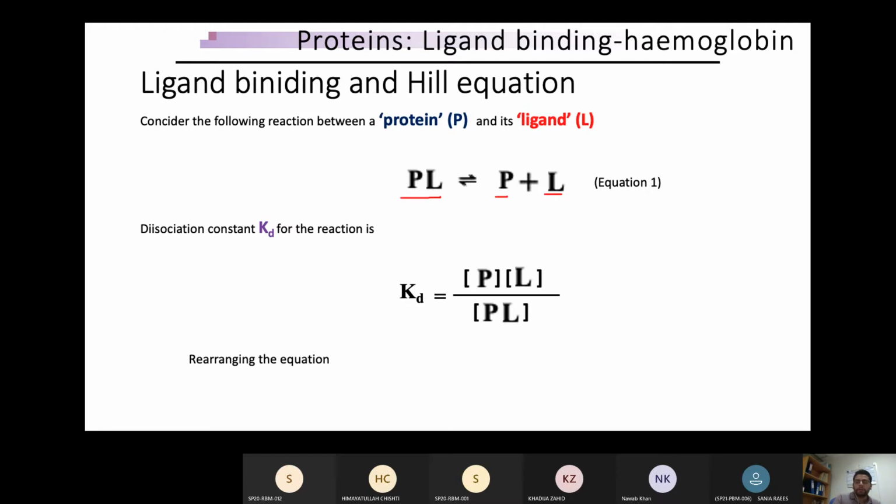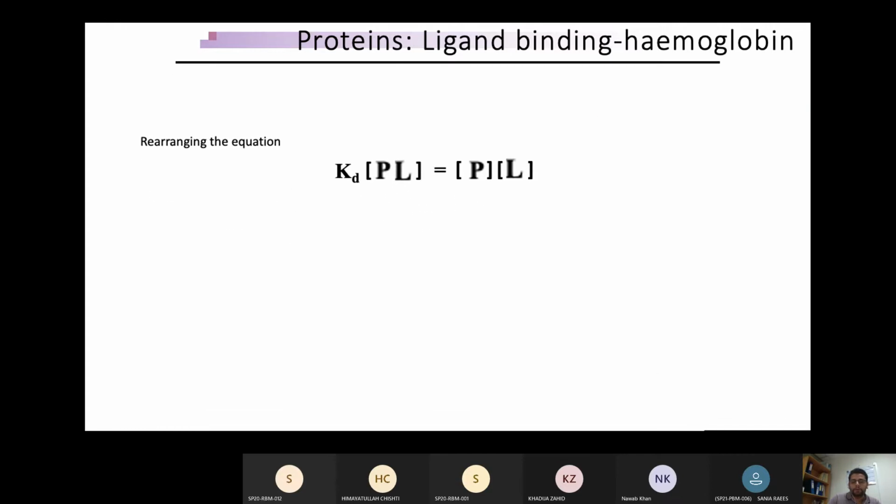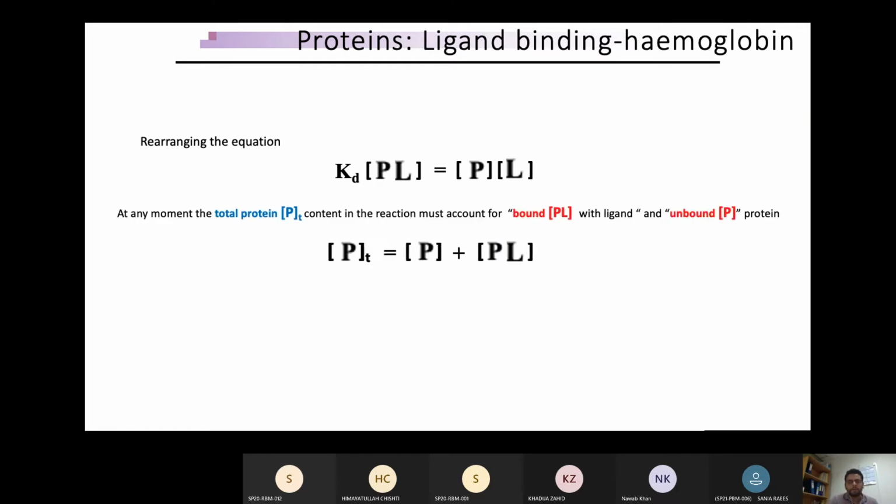If you rearrange this equation, you find that the denominator could be multiplied by the dissociation constant, and you could use this equation to further elaborate the overall situation.